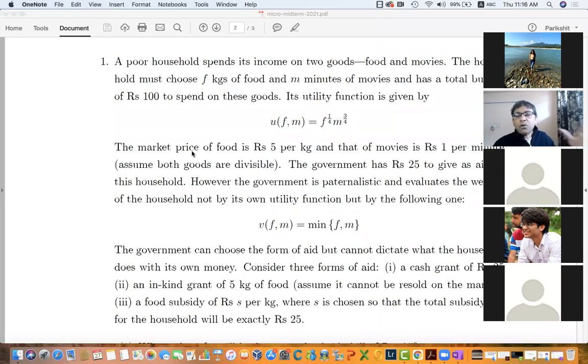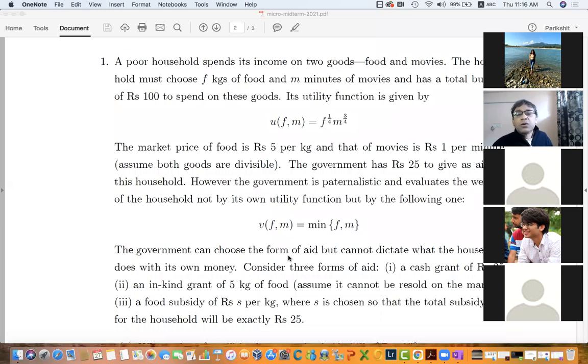Suppose they sign a contract, right? If signing such binding contracts were possible, then compared to the subsidy situation, there would have been a contract which would make both the household feel better and the government feel better. That's what it means to say that the subsidy is distortionary and creates deadweight losses.